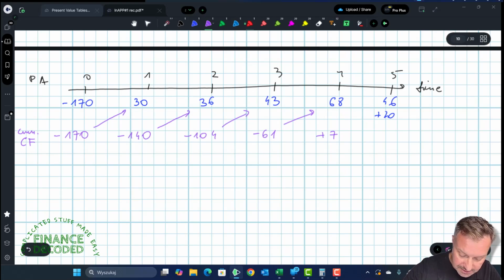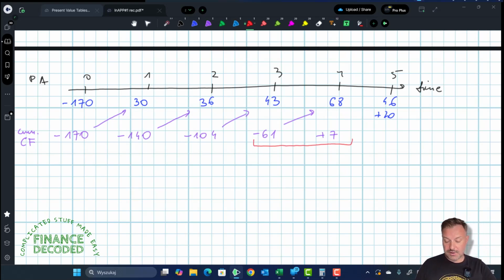So we see that somewhere between year 3 and year 4, the negative total cash flow becomes positive. So the payback period is somewhere between the 3rd and the 4th year. It's more than 3 years, but less than 4 years, because after 4 years we already have a plus here.